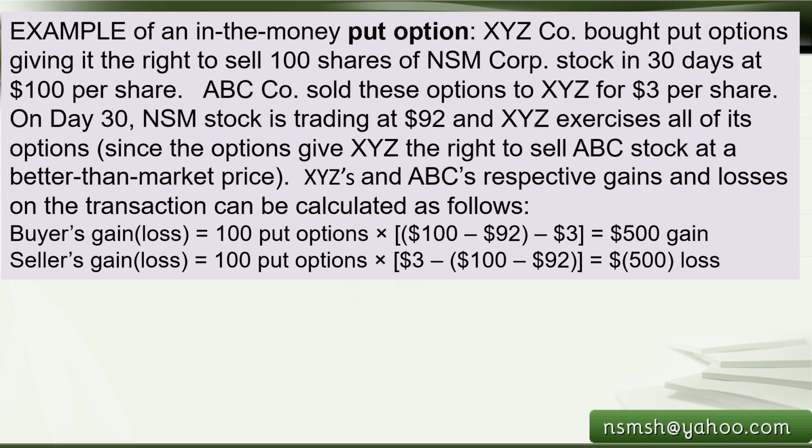The strike price is $100 and the market is only 92, so they are gaining $8 compared to the market price, but the price of that option is 3, so they have a $5 gain per share, multiplied by 100 shares, so $500. The put option holder, the buyer, has a $500 gain, and the seller, the writer of that put option, is losing that.